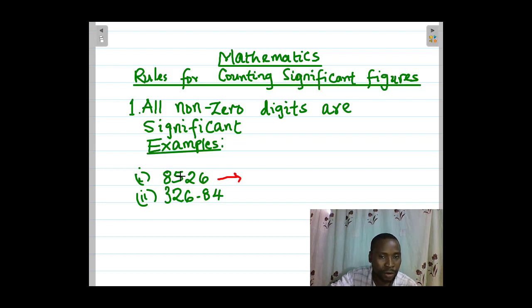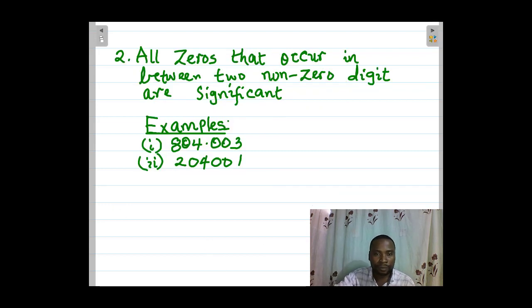This 5 is significant. The 2 is significant. The 6 is significant. So we have 4 significant figures here. SF stands for significant figures. Here too, there's no zero. All of them are non-zero. So there are 1, 2, 3, 4, 5. There are 5 significant figures here. It is that simple.